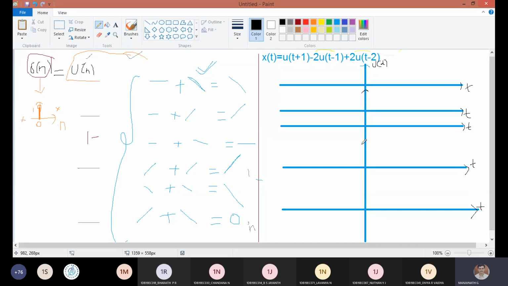So u of t plus 1 is what you're supposed to plot after u of t. Then you should plot t minus 1. Then from that, negation means it will come downwards. So this is for your second category, minus 2 u of t minus 1.